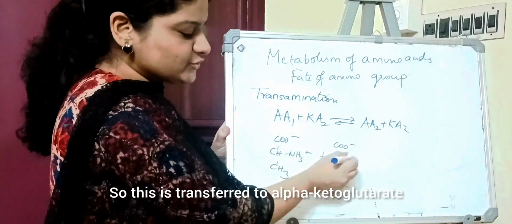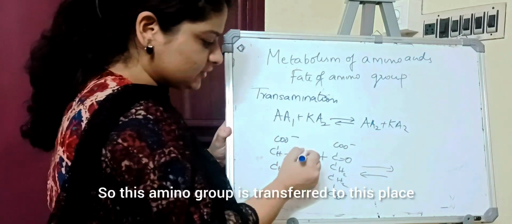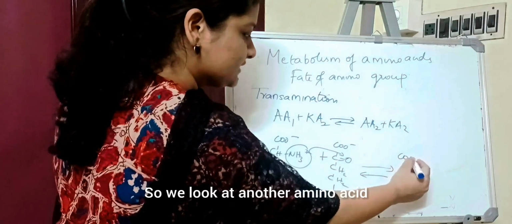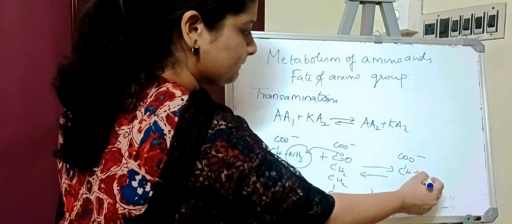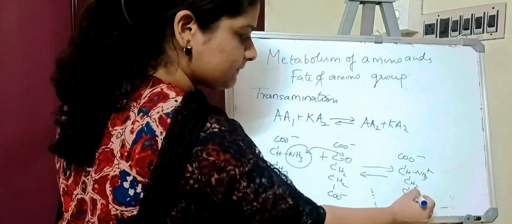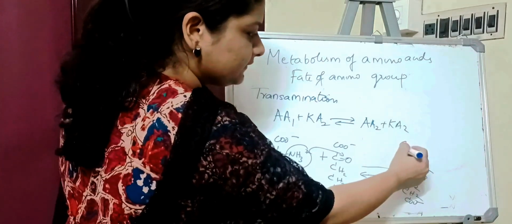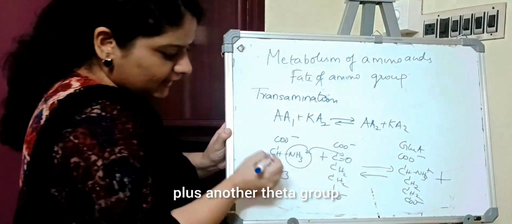So this is transferred to alpha ketoglutarate to form another amino acid, which is glutamic acid, plus another keto acid.